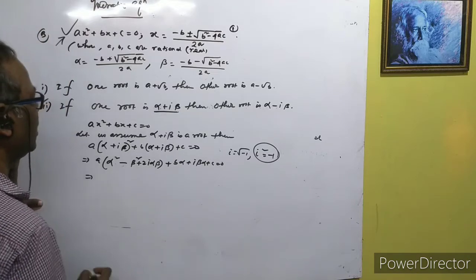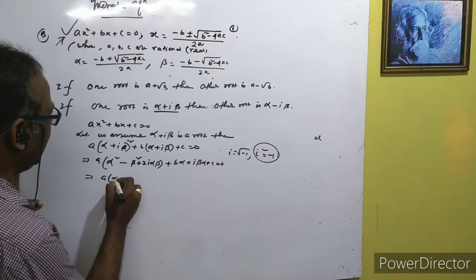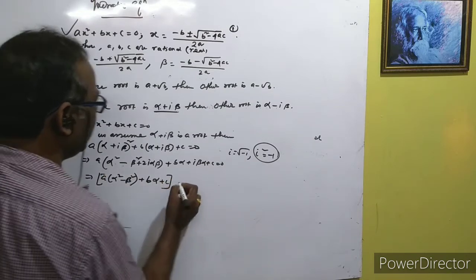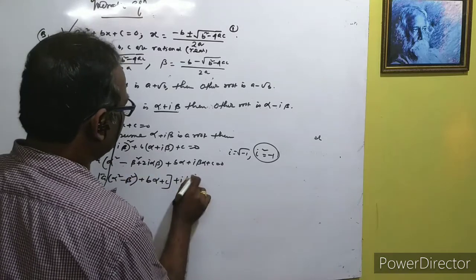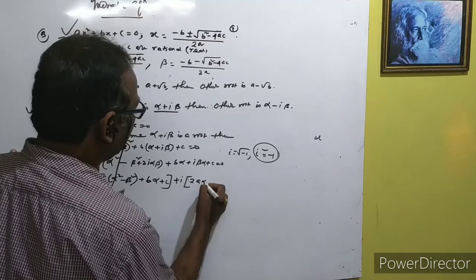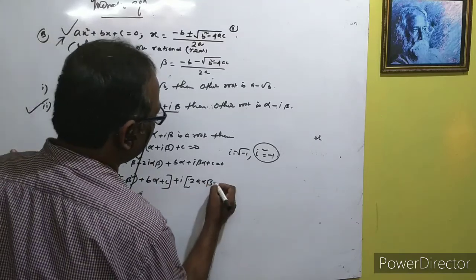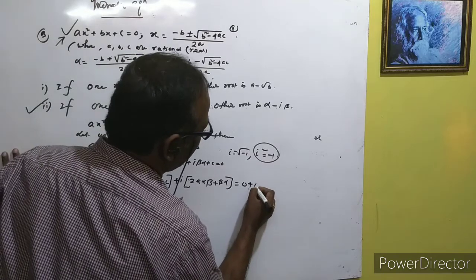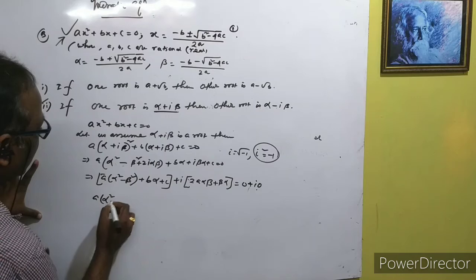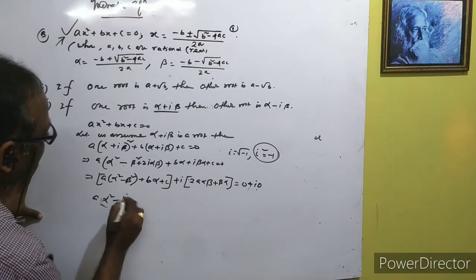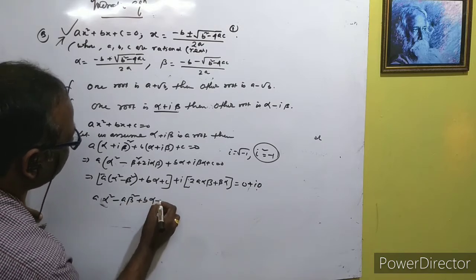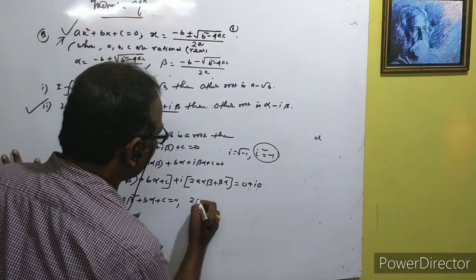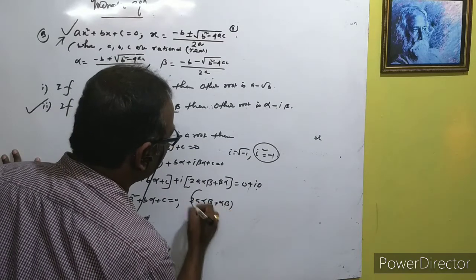So I will compare real and imaginary parts on both sides: a alpha square minus a beta square plus b alpha plus c, plus i times 2a alpha beta plus b beta, equal to 0 plus i0. So a alpha square minus a beta square plus b alpha plus c equals 0, and 2a alpha beta plus b beta equals 0.